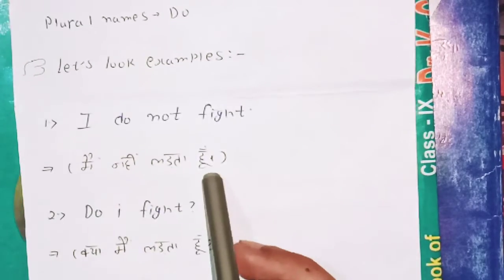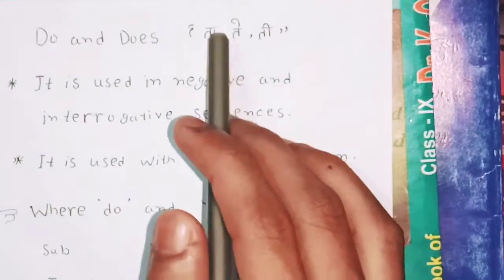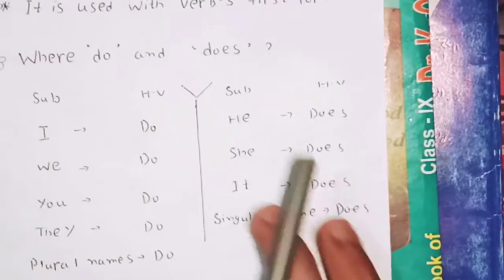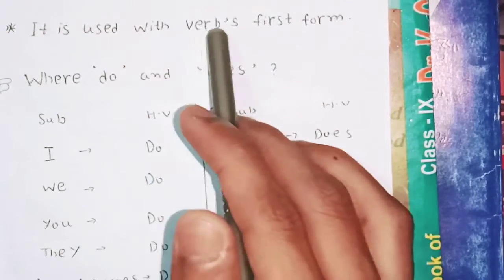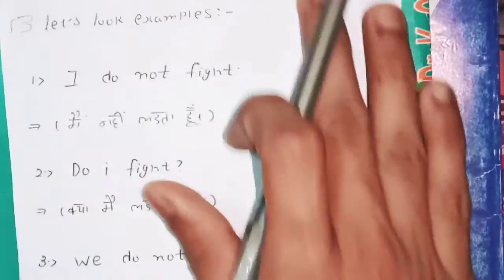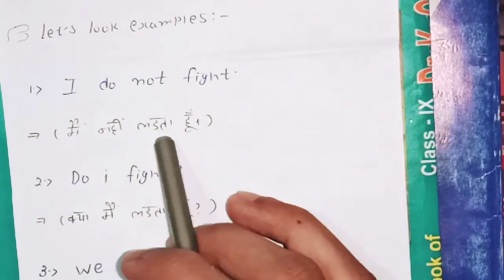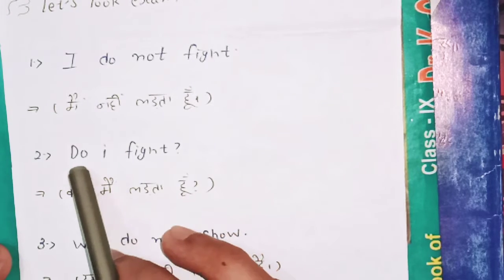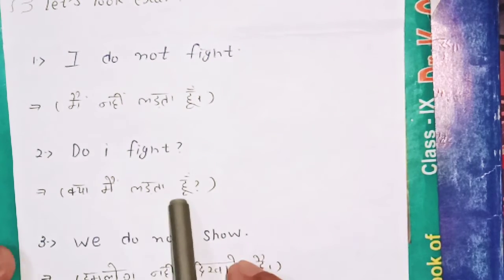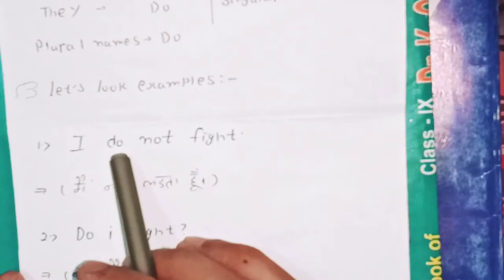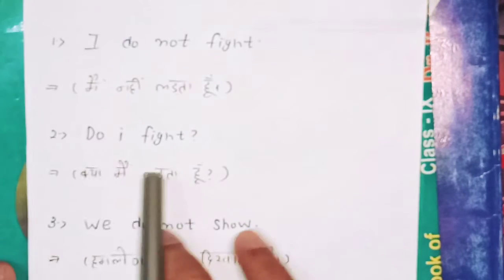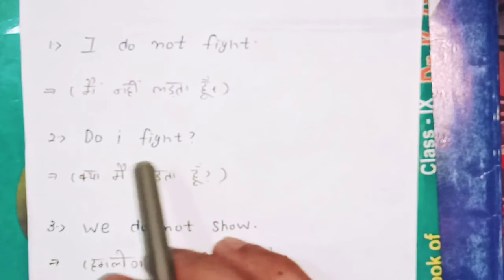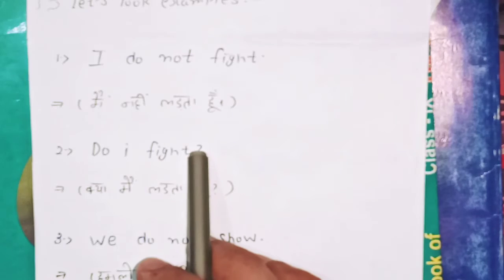I do not fight, मैं नहीं लड़ता हूँ. It is always used with the verb's first form. The second sentence: Do I fight, क्या मैं लड़ता हूँ. The first is negative and this one is interrogative.